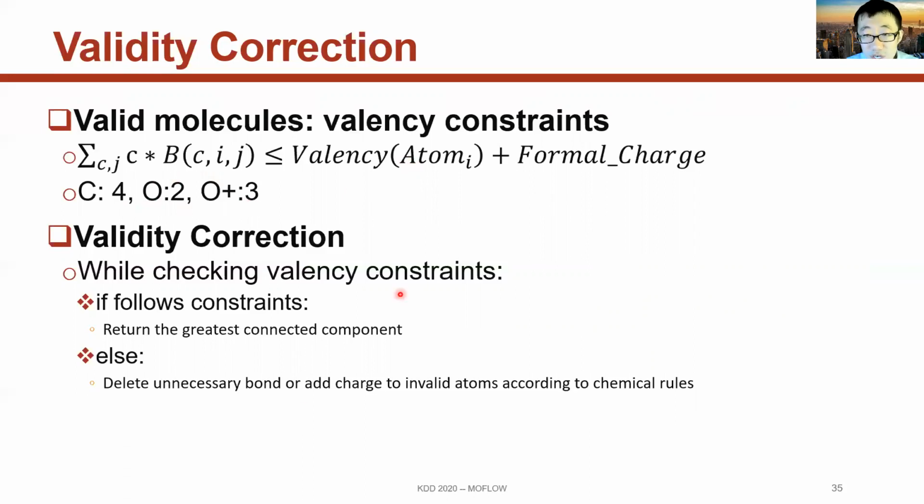We modify the generated molecular graphs into valid ones by this validity correction process. If the current molecular graph follows the valence constraint, we return its largest connected component. Else, we delete unnecessary bonds or add additional charge to the invalid atoms according to chemical rules.